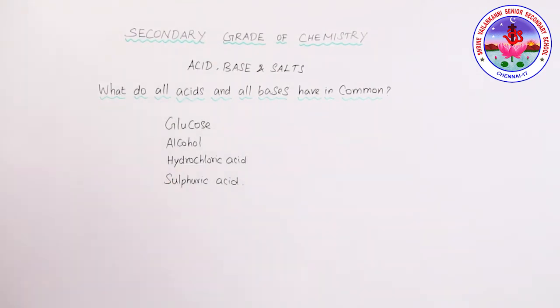Hydrochloric acid and sulfuric acid contain ions, so they produce current; the electric current is carried through the solutions by ions. Since the cation present in the acid is H plus, this suggests that acids produce hydrogen ions in solution, which are responsible for the acidic properties.